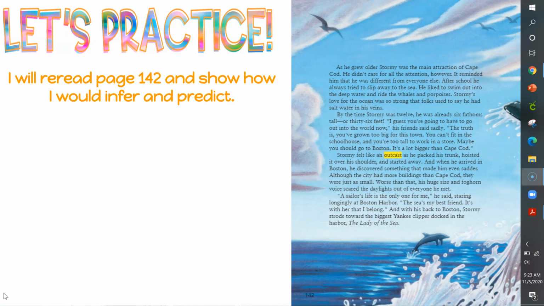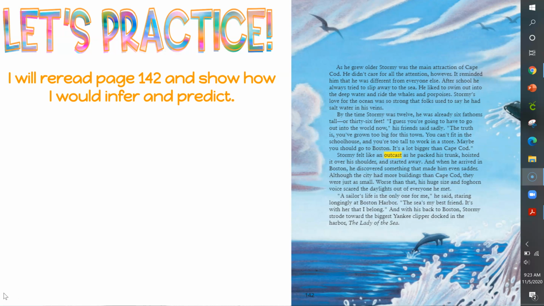He liked to swim out into the deep water and ride the whales and porpoises. Stormy's love for the ocean was so strong that folks used to say he had salt water in his veins. By the time Stormy was 12, he was already 6 fathoms tall, or 36 feet.